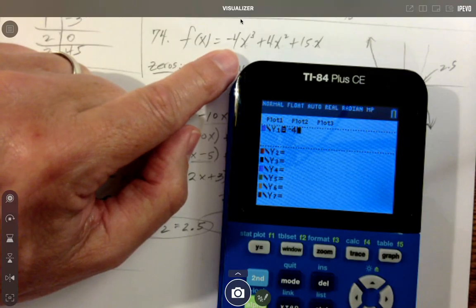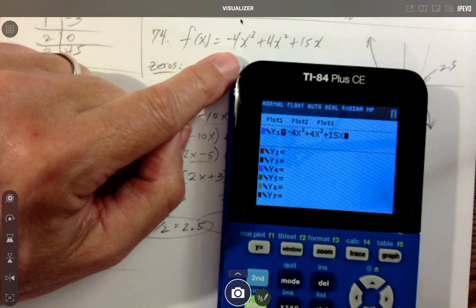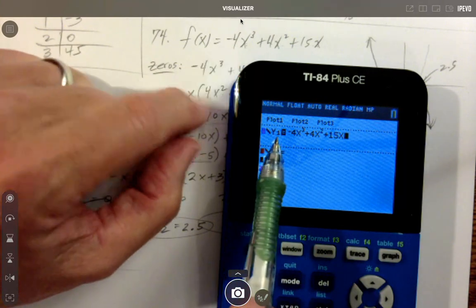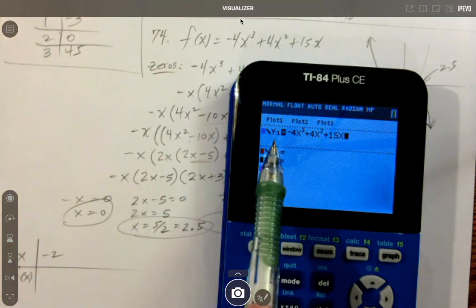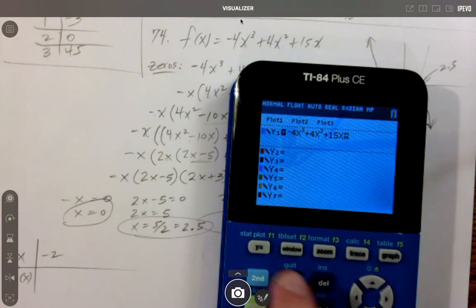I'm going to put this in the graphing thing. So negative 4x raised to the third plus 4x squared plus 15x, okay? And then notice it's y1, so that's the name of this function, y1, right?